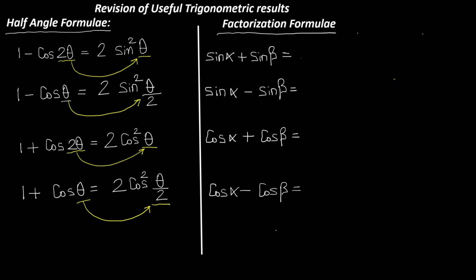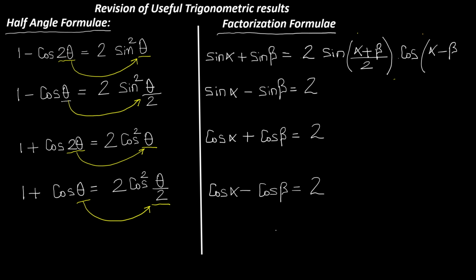Okay, so let's start to build these formulas. All the formulas will start with a 2, and they are followed by, so the first one, sine alpha plus sine beta, the formula becomes 2 sine alpha plus beta divided by 2 into cos alpha minus beta divided by 2.